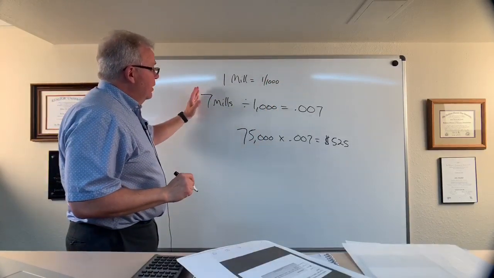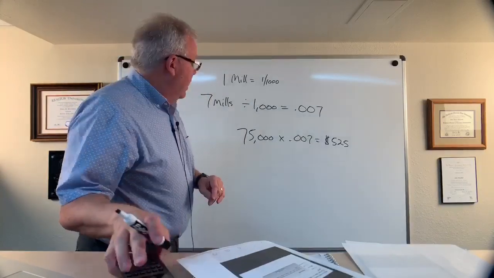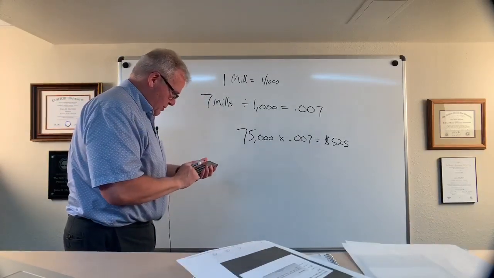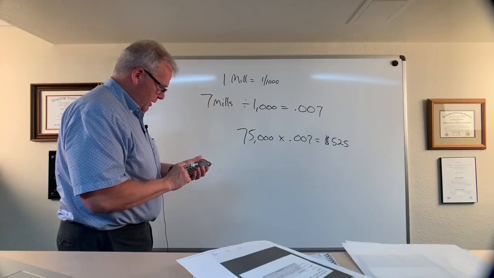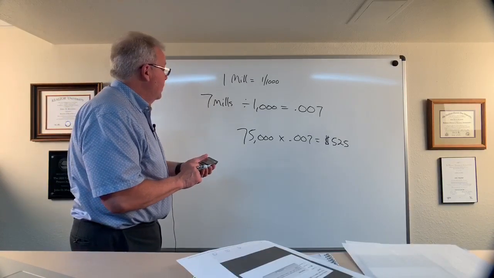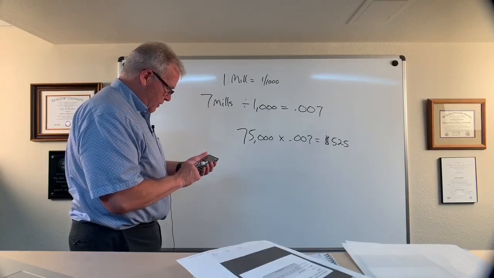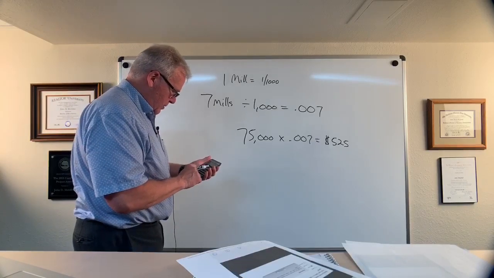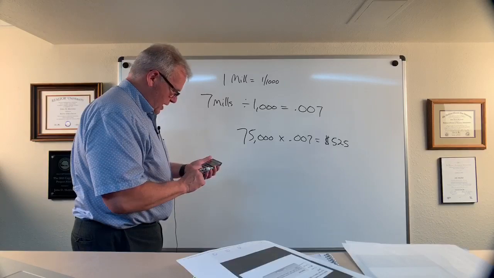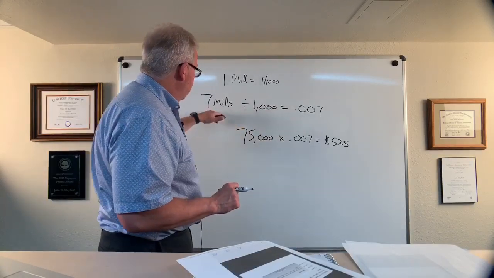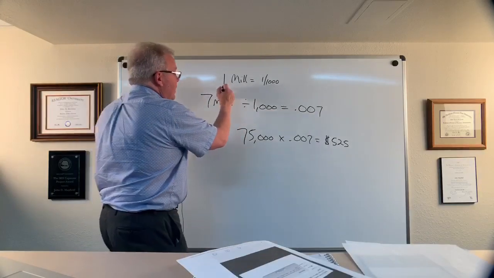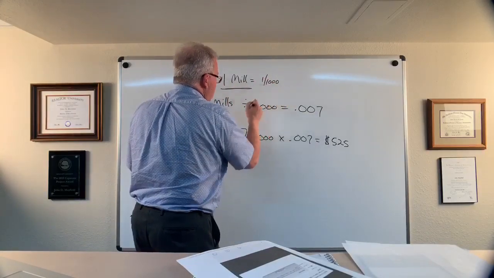If we divide 1 mil by 1,000, we would get 0.001. So anytime you see a mil, just remember that it's 1/1,000.